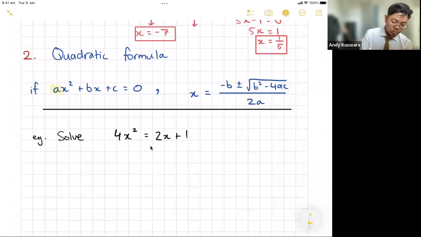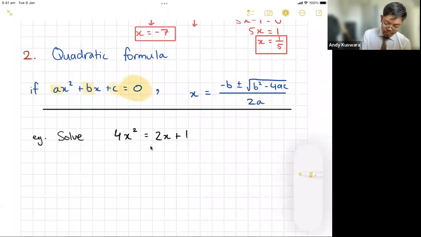A always has to be the term with the x squared, B always has to be the term with the x, and C is always the term that doesn't have any x's involved. And the important part is that it's all in one equation and it equals 0.